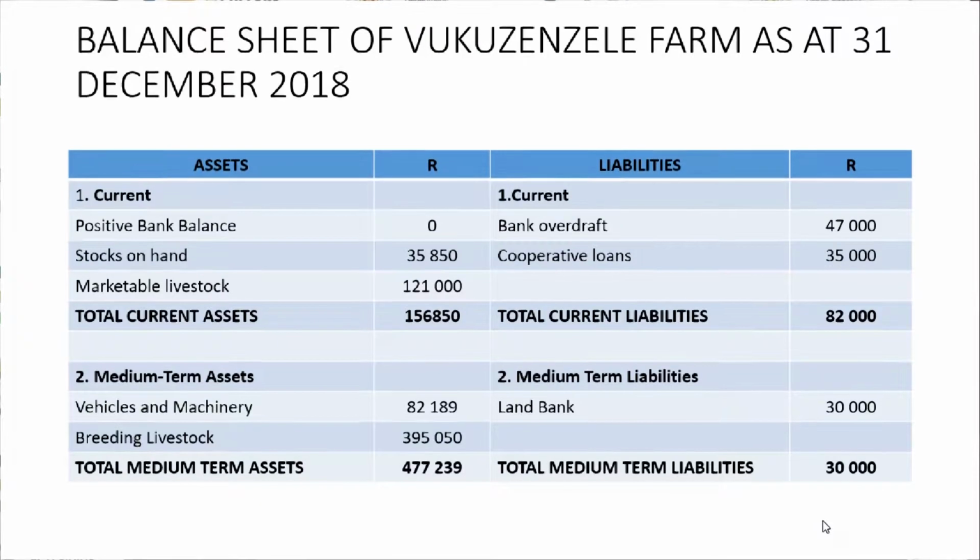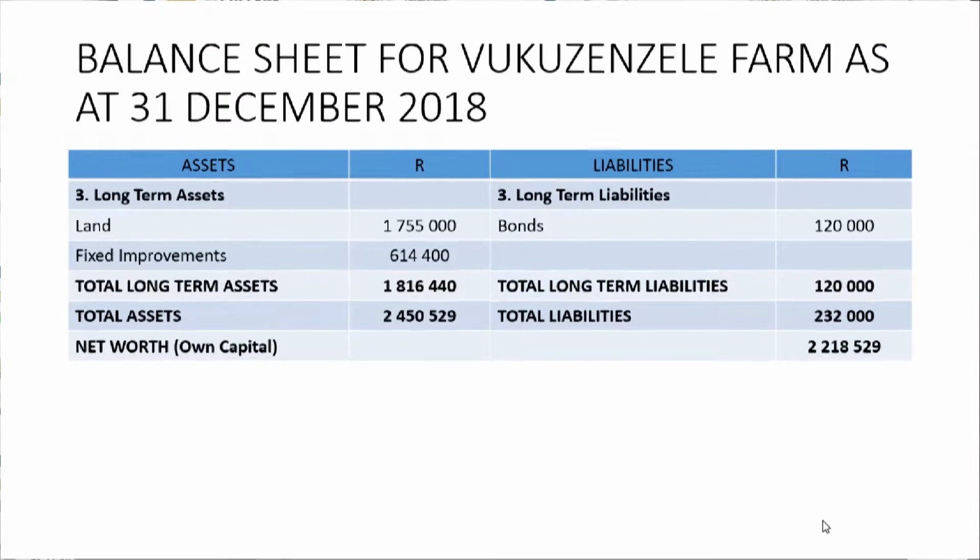Coming to the medium-term liabilities, there was a land bank loan of 30,000. The total medium-term liabilities was 30,000. The long-term liabilities, which was the bonds.